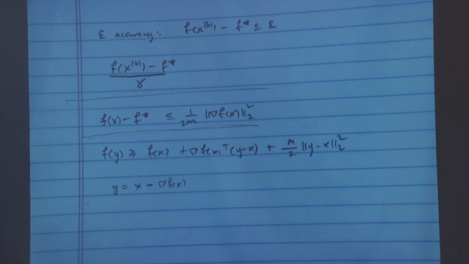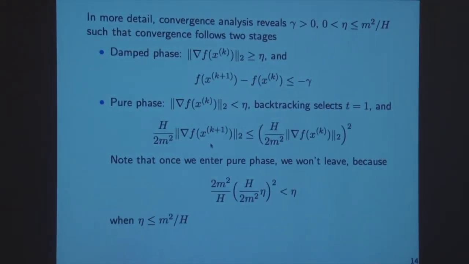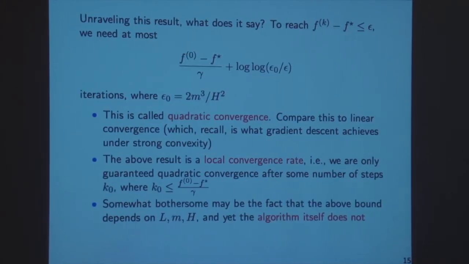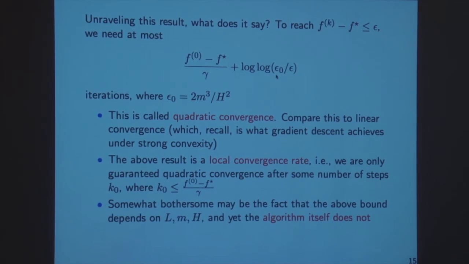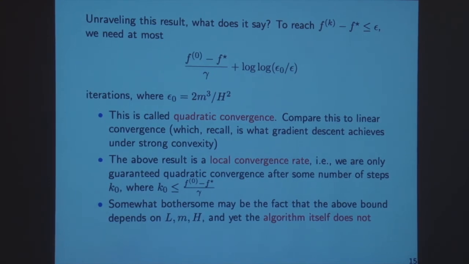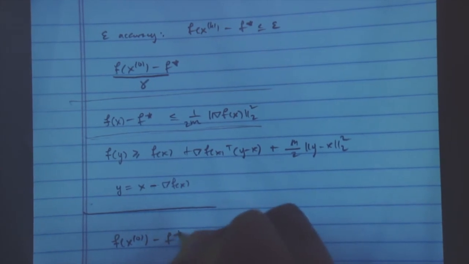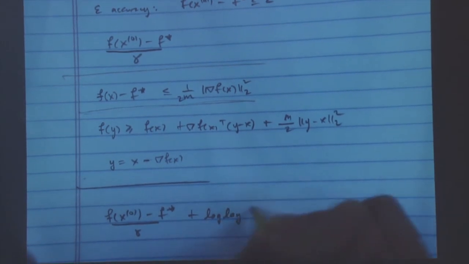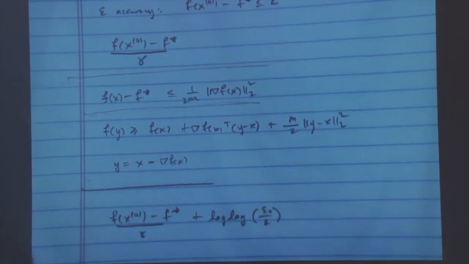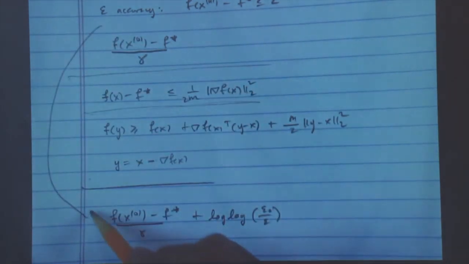And so what we do when we apply it here is it tells us that the distance that f is away from optimum can be bounded by the gradient of f at our current iterate. And when we unravel that, it looks like log of log of some constant epsilon naught over epsilon. And so this quantity that I've written down is the bound on the number of iterations required to get epsilon level accuracy.